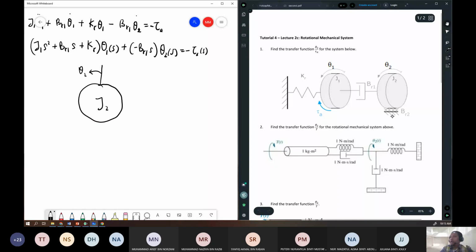So we have the torque BR1 theta 2 dot, and then torque BR2 theta 2 dot from the friction.